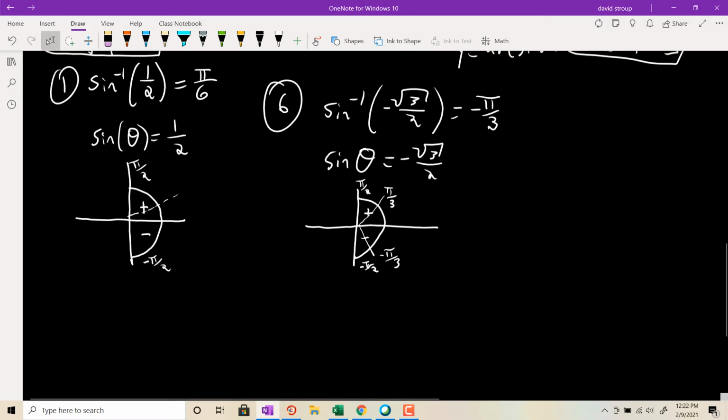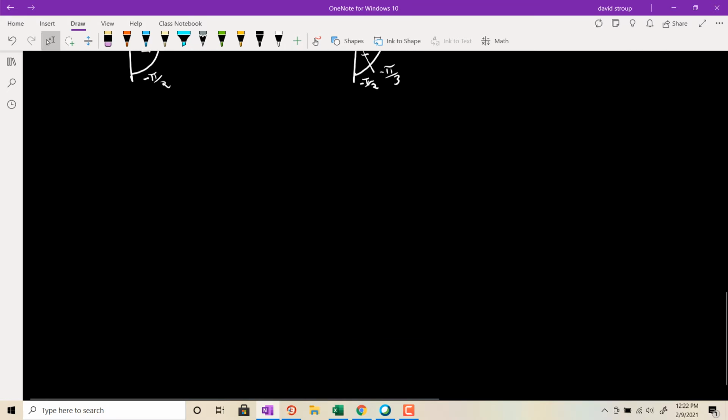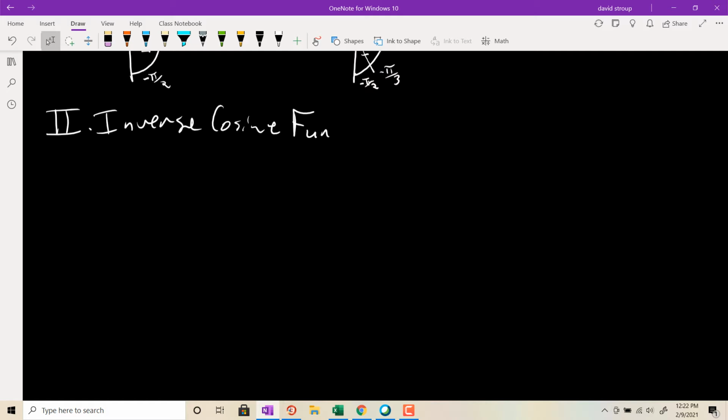Okay, we're going to play the same game with cosine now. So let's take a look at inverse cosine. We're going to have to restrict its domain again, because otherwise it will fail the horizontal line test.